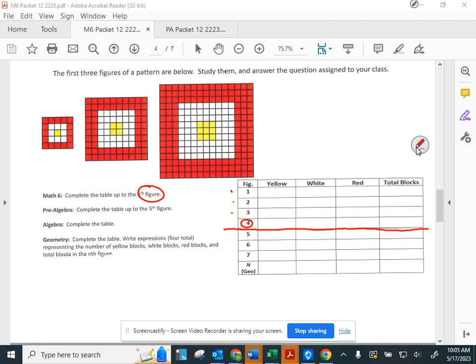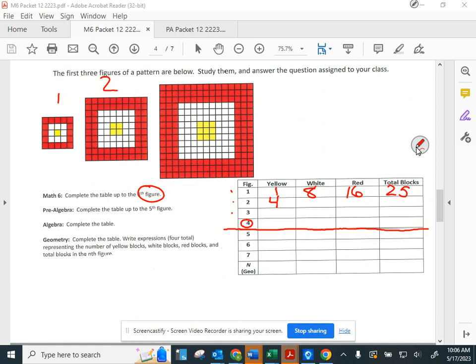How many yellows are in my first figure? 1 yellow. How many whites are there? How many reds? How many are there altogether? So in my second figure, how many yellows are there? 4.